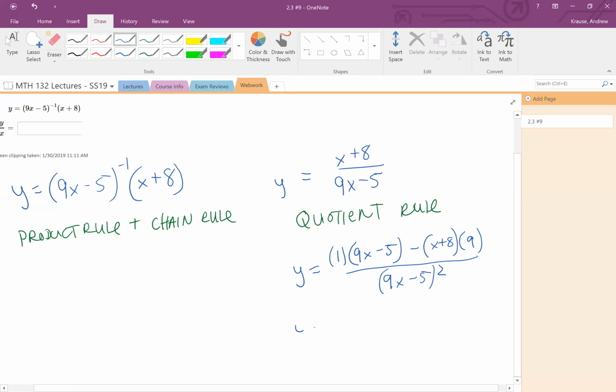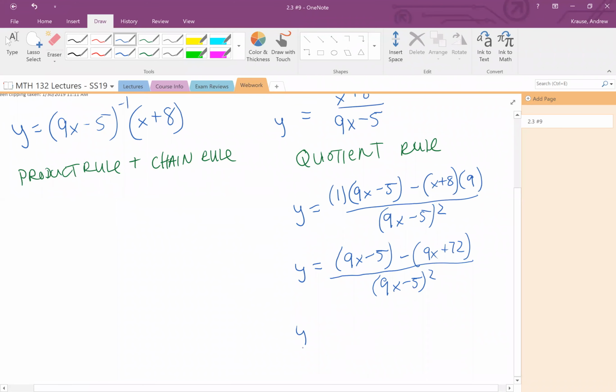Okay, and we're going to simplify that one step here. 9x minus 5 minus 9x plus 72 in there. And that gives us 9x and 9x cancel, minus 5 minus 72. We have a negative 77 over 9x minus 5 squared. Okay, that's one way that we can do it with the quotient rule.